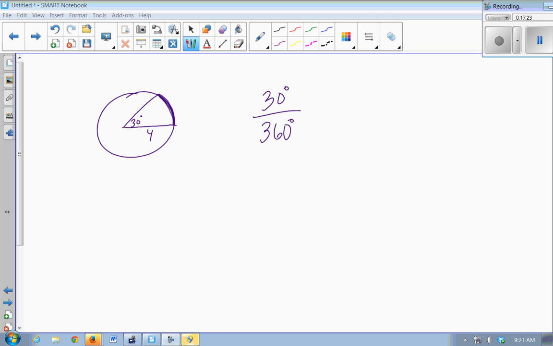So I could multiply that fraction by the whole circumference of this circle, which would be what? 8 pi, 2 pi r, right? So you could take 30/360ths of the whole circumference, and you're going to get the same thing, 2 pi over 3. So you can do it that way also. Figure out what fraction of the circle this arc length is, and then do that fraction times the entire circumference.